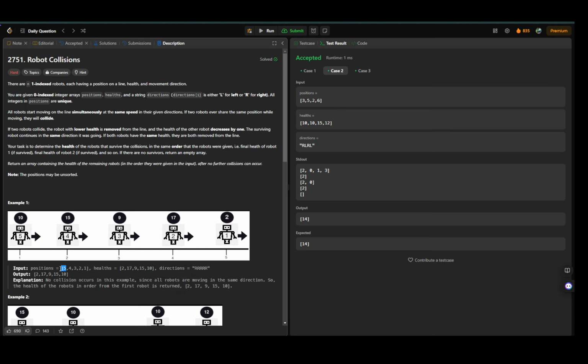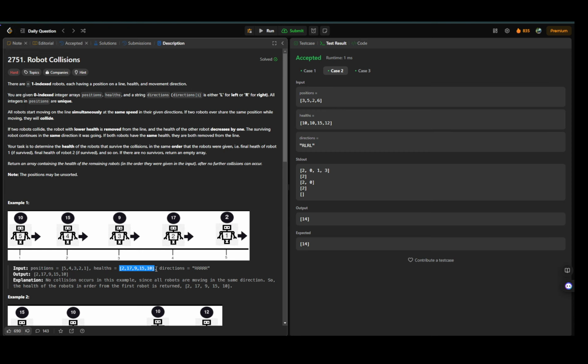It was placed at the fifth index, one-based. This is the fifth index, and the first robot was placed. This is the first robot, second robot, third robot, fourth robot, fifth robot. Same, the first robot is placed at the fifth index position, and the second robot is placed at the fourth index.